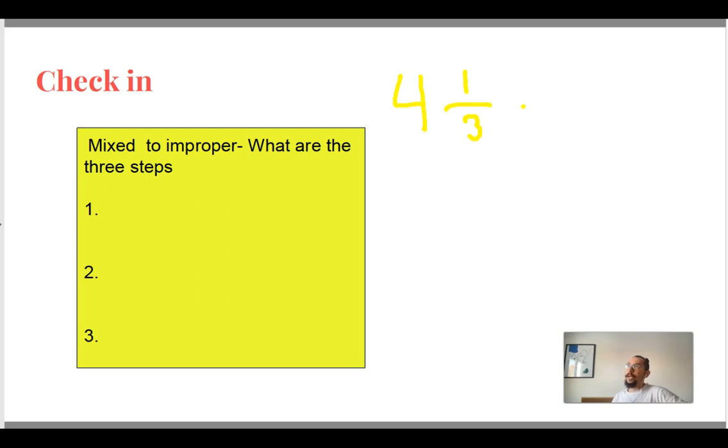And I'm going to make it into an improper fraction, correct? First of all, I'm going to change the color a little bit so you see better. Okay, so that is 1/3.